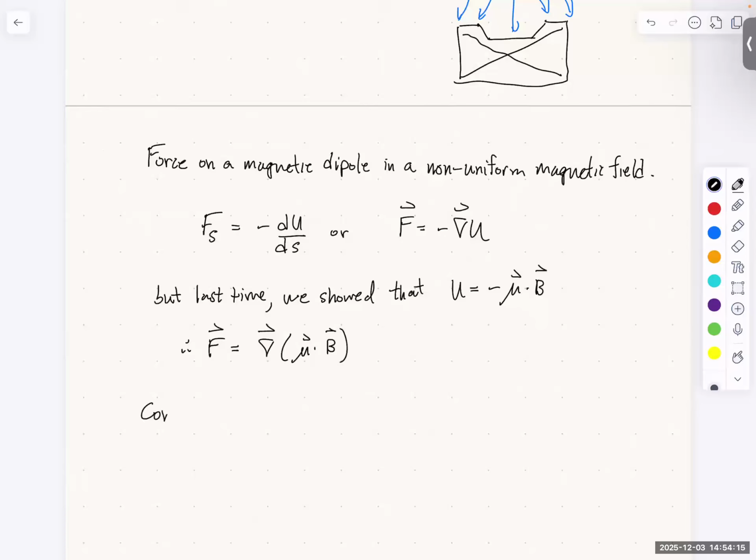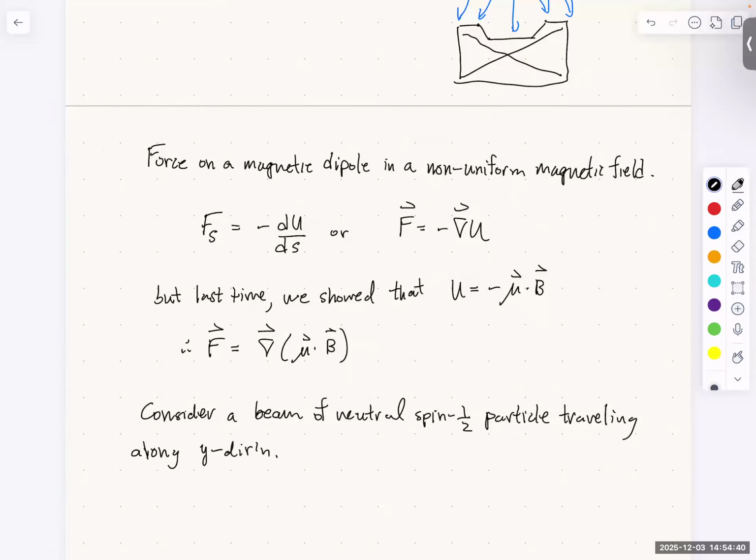So we want to consider a beam of neutral spin 1/2 particles traveling along the y direction.